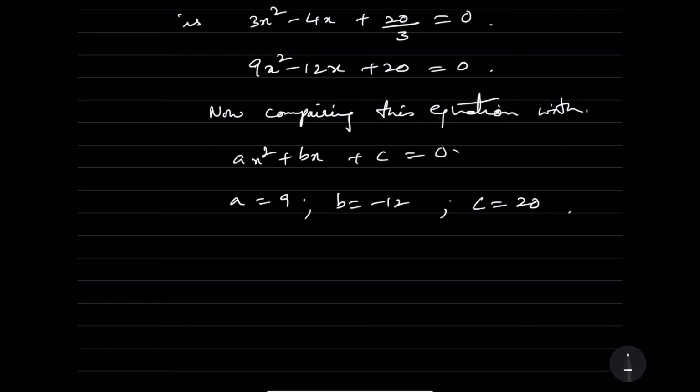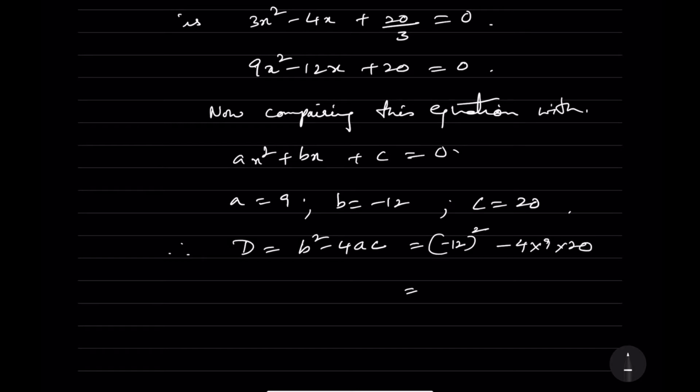Therefore the discriminant, capital D, is equal to b square minus 4ac, which is equal to (minus 12) whole square minus 4 into 9 into 20.